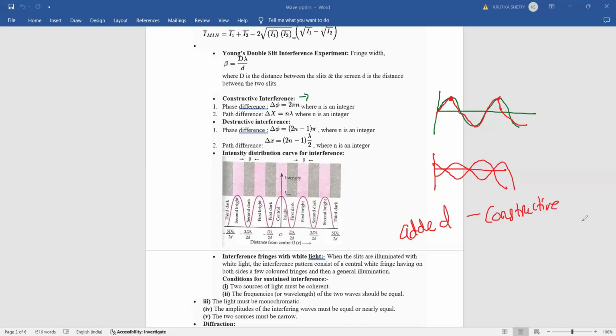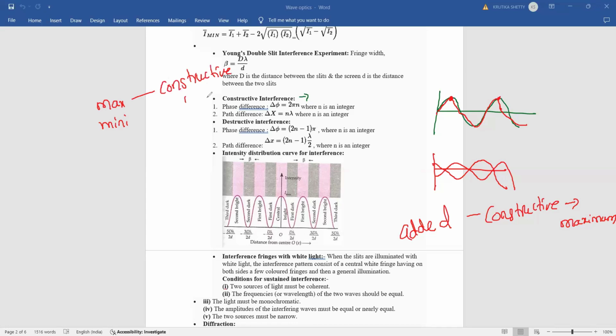For constructive interference, the intensity of the resultant wave is maximum. You have just discussed maximum intensity and minimum intensity, right? So we get maximum intensity when we have constructive interference.